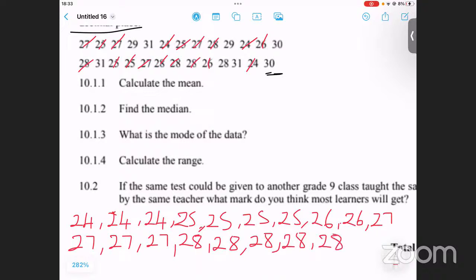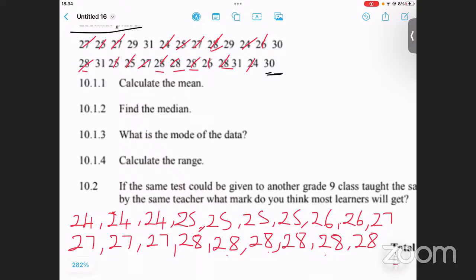And the last one, I think we have 2 more. 1, 2, 3, 4, 5, 6. There are 6 left.